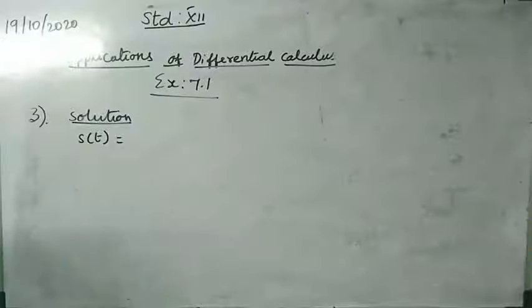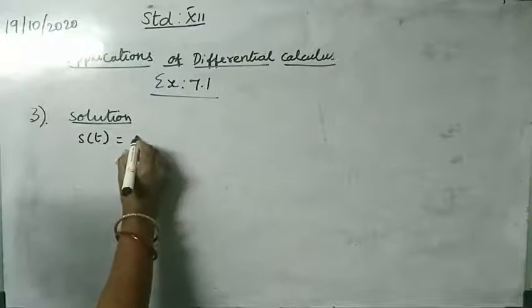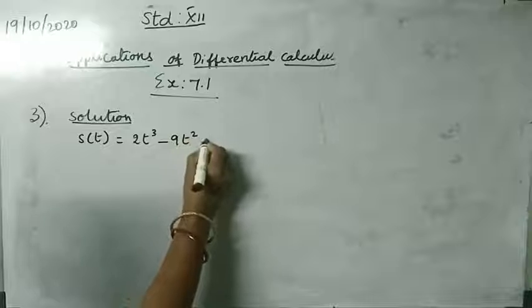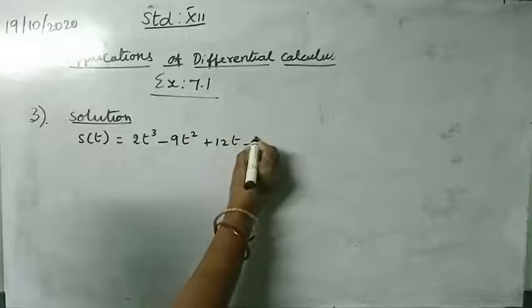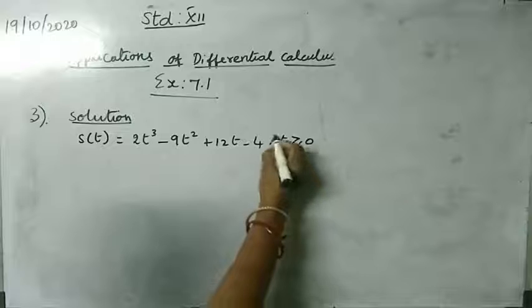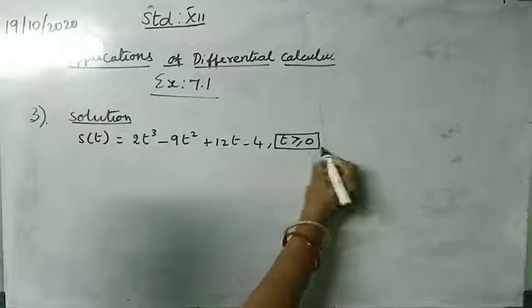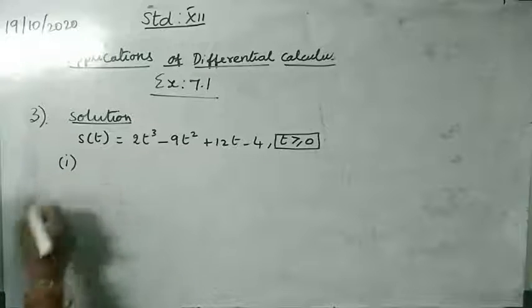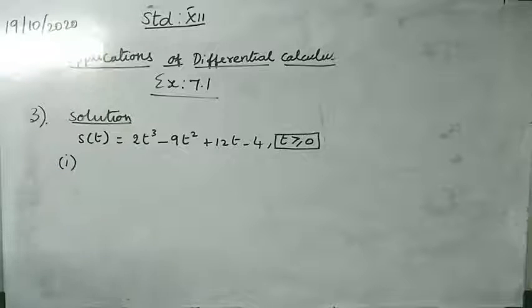So S of t is equal to 2t cube minus 9t square plus 12t minus 4, where t is greater than or equal to 0. This is the condition. You must remember it always up to the end of this problem. Now, the first question is, at what time does the particle change its direction?